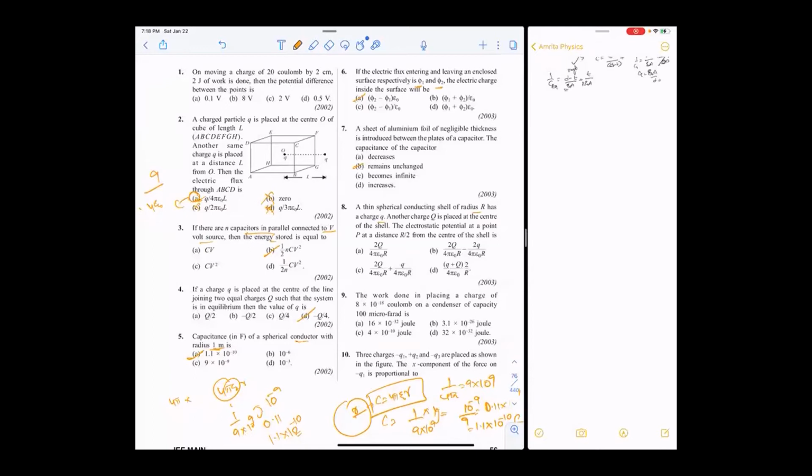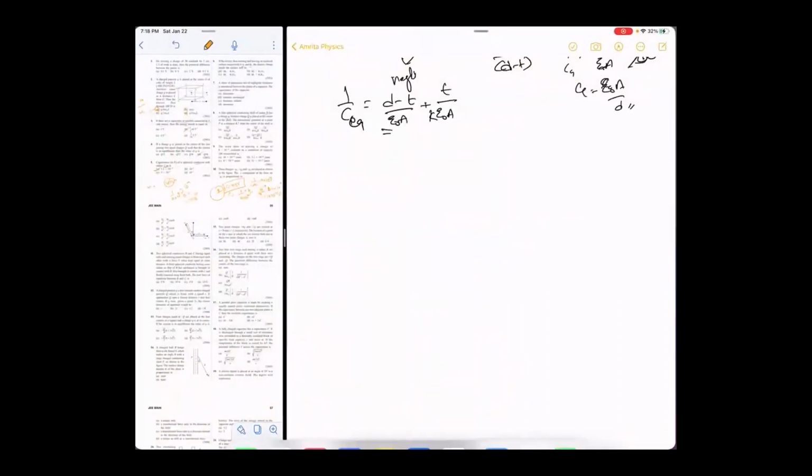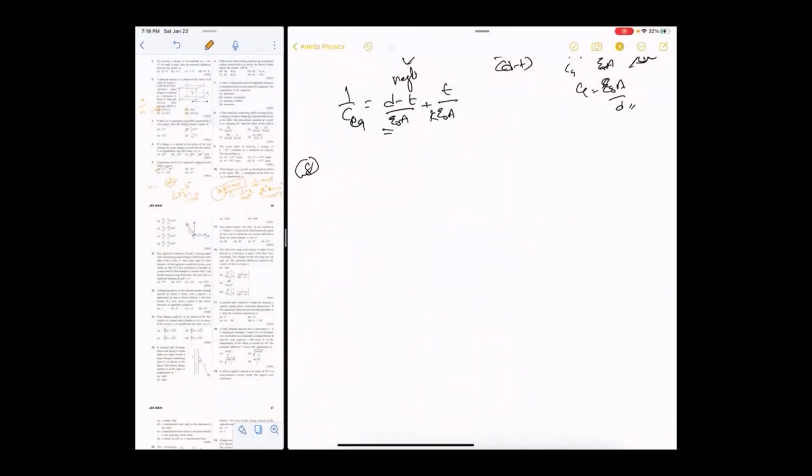Inside is small q, on the sphere is capital Q. Eighth one: there is a sphere of radius r, there is a charge q at the center, and the charge on the outer sphere is Q. Here they are asking at a point P, at a distance of r/2.